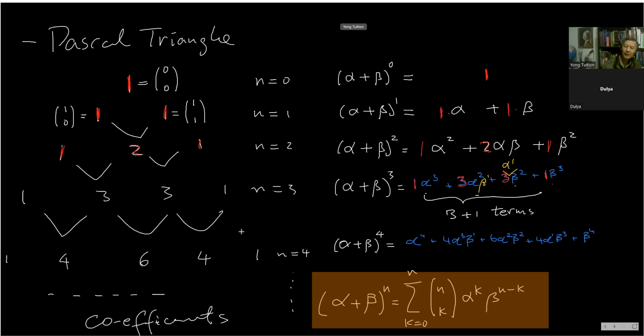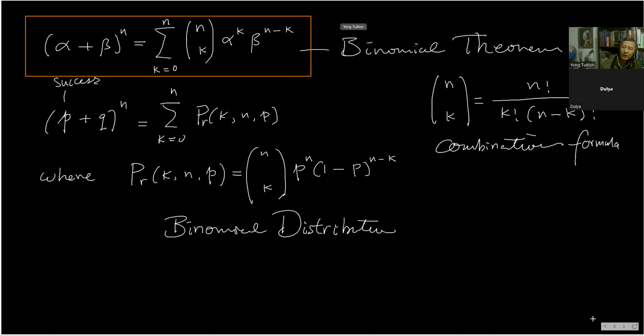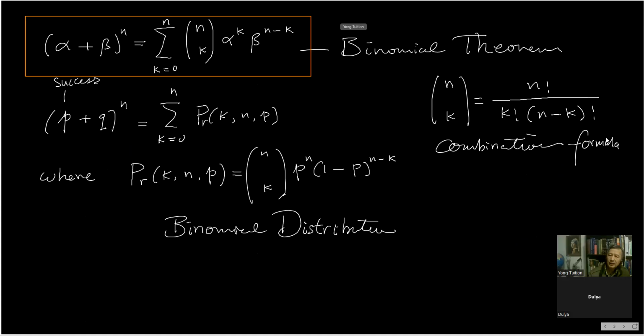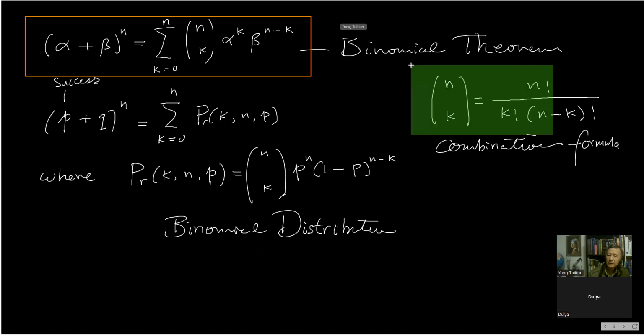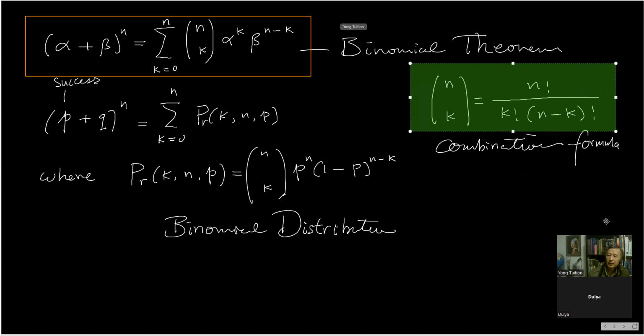Of course, if n gets very large, it's not convenient. For example, if n equals 20, you would take ages. That is why we eventually use this formula to calculate it. It's not complicated. I'll show you how to do that. So this is a general formula.